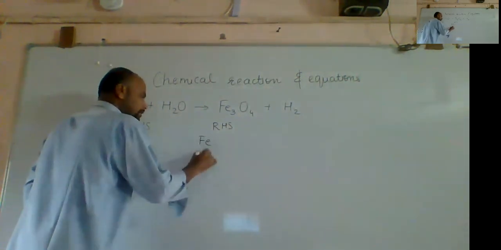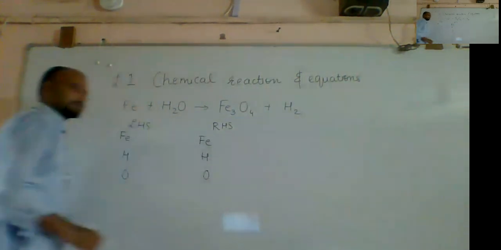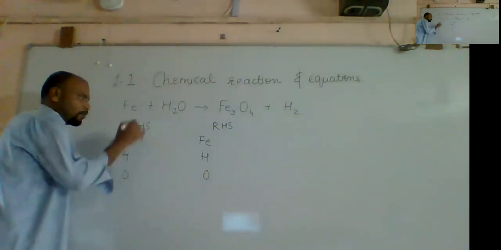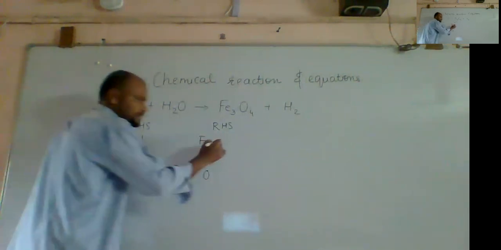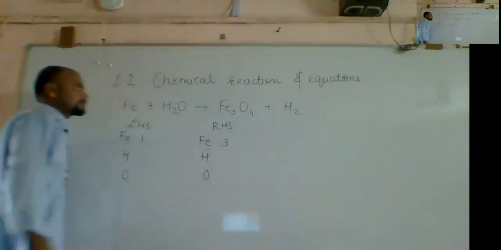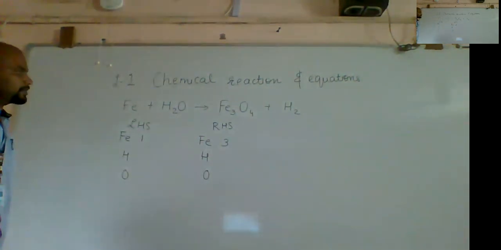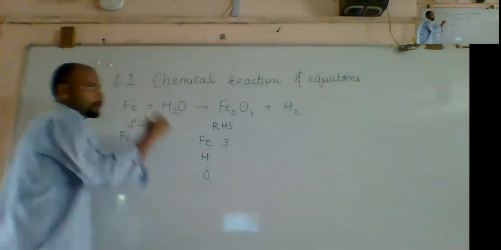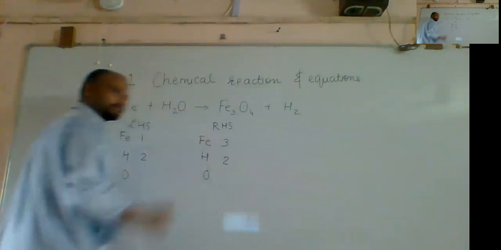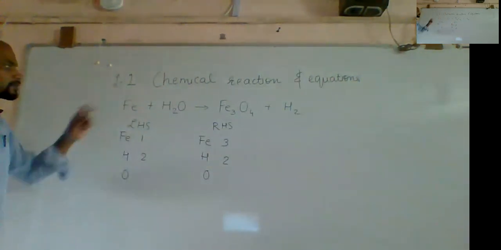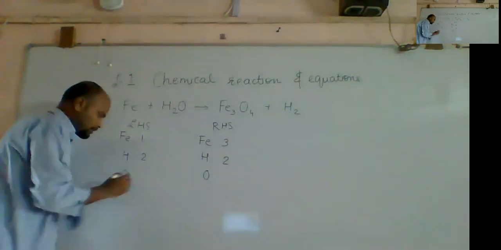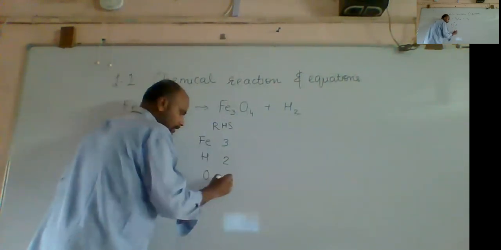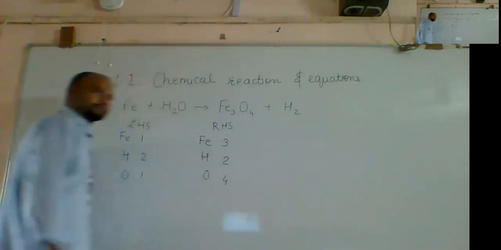Writing down the number of atoms, in iron, 1 on the reactant side, whereas 3 on the product side. You see hydrogen atoms on the reactant side is 2, over here it is 2. The oxygen atom present on the reactant side is 1, whereas on the product side is 4.